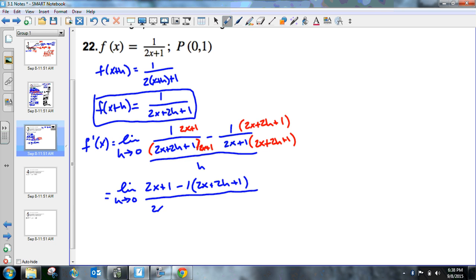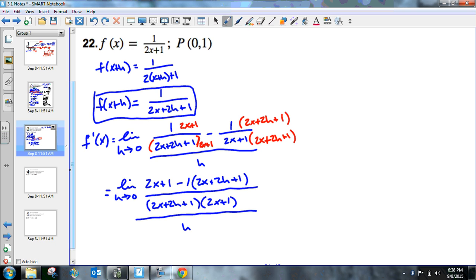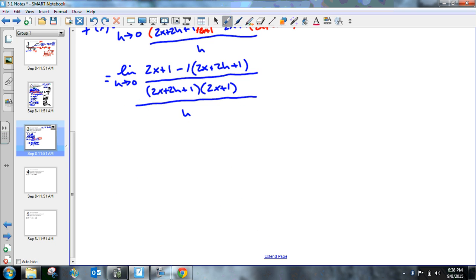So I've got 2x plus 2h plus 1 times 2x plus 1, and then I'm going to divide this whole thing by h. Now, I'm going to distribute my -1 up in my numerator here. We're going to need a fair amount of room, so make sure you're writing small.